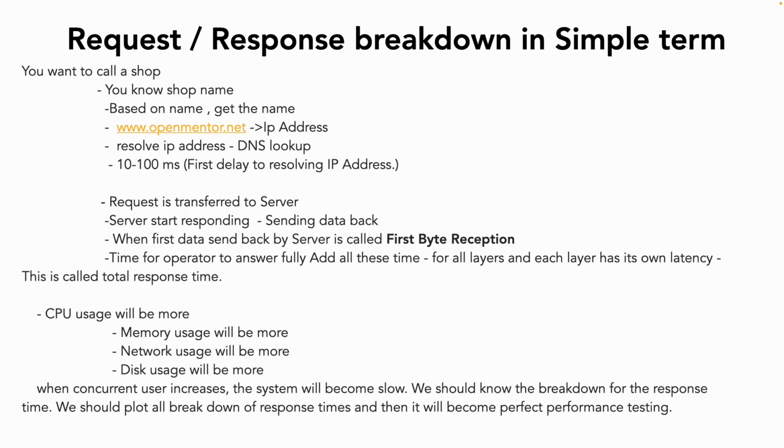When you make a request, a DNS lookup happens to resolve the IP address, and some delay occurs in identifying which IP address to hit. Then the request is transferred to our servers, the server starts responding, and data is sent back. When the first data is received, that is called first byte reception.